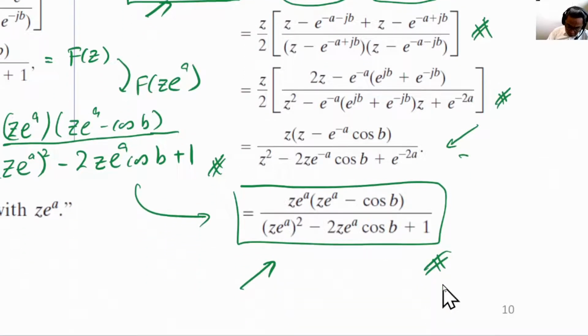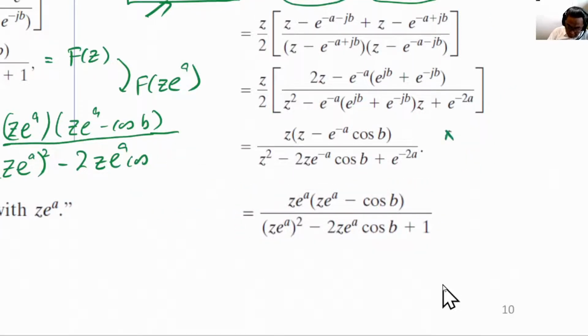The equations don't look the same. You'll be wondering, why is this so? To reduce from the second last line to the last line, this is what you must do. Multiply top and bottom by e^a. Let us see what happens when we multiply the expression at the denominator by e^a.